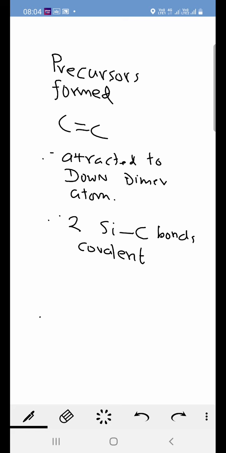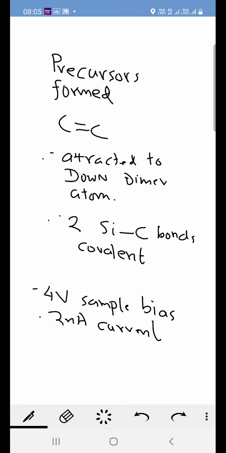Now, in this case, if you provide a minus 4 volt sample bias, it will correspond to 2 nanoampere current, and it can be done with the scanning tunneling microscope.